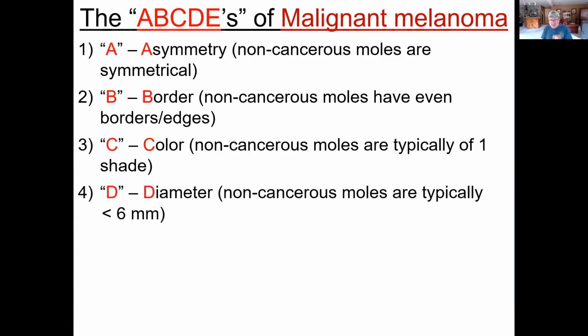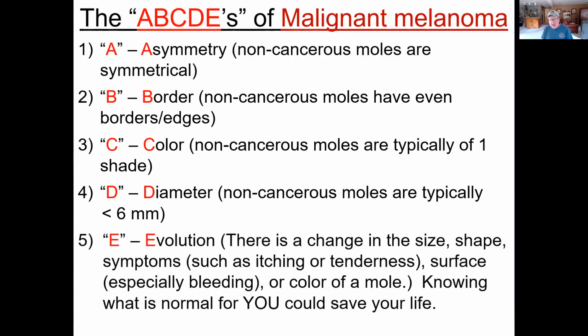Diameter, the size. Most moles are smaller than 6 millimeters. And again, if you want to get your ruler out, you can see what 6 millimeters is. It's a little over half a centimeter. Some of these melanomas on the skin can be very, very large, like centimeters in size. So just overall size is a pretty good indicator too.